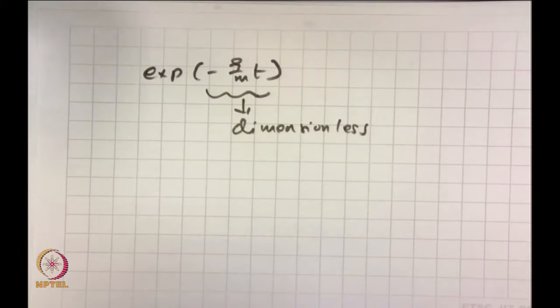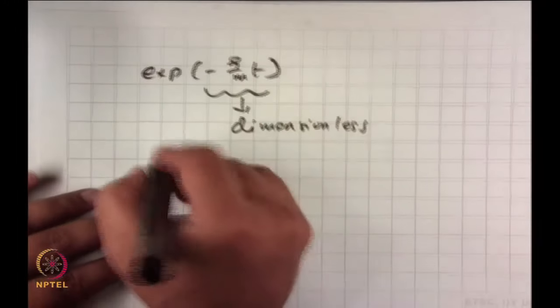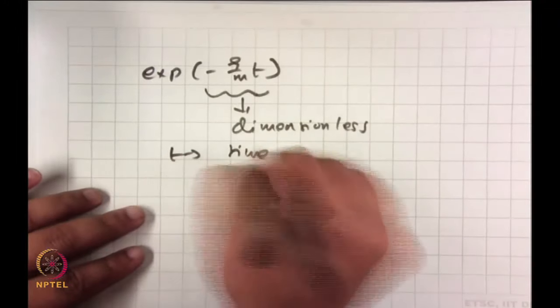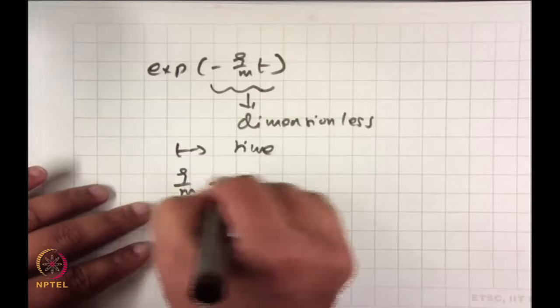You know t is time, right, it is either second, minute, hours, whatever, does not matter. So, if t is time, then the coefficient should be inverse of time, right. So, that means if t is time, then xi by m should be what?